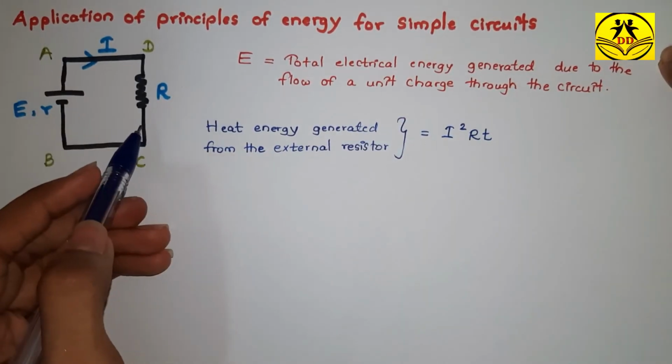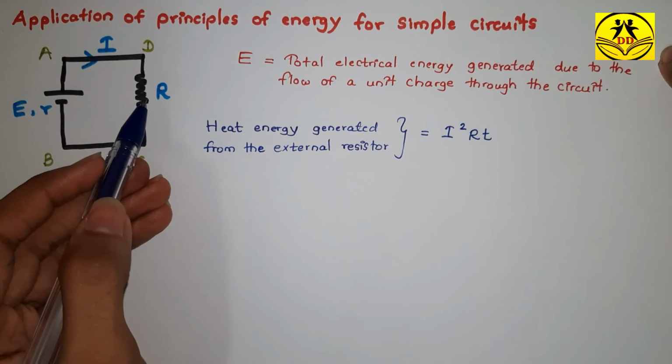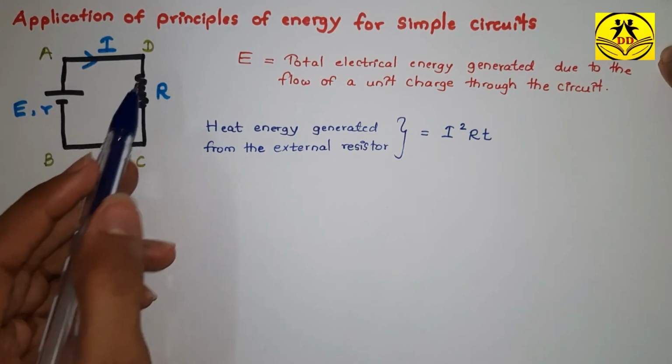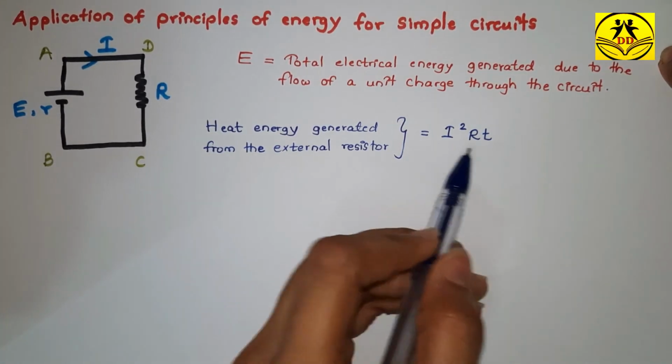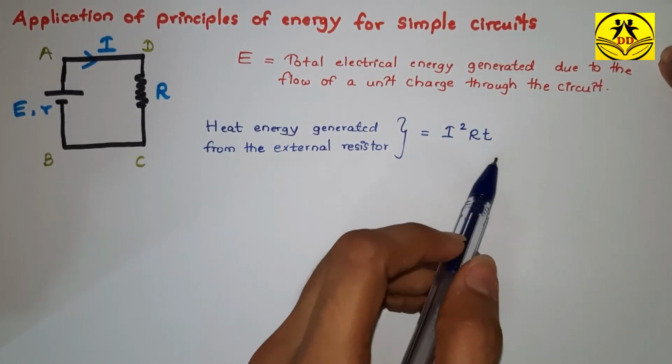Current flowing through the resistor is I, resistance R, time for which the current flows is T. We derived this earlier, equals I squared RT.